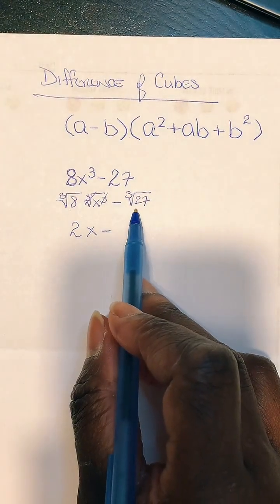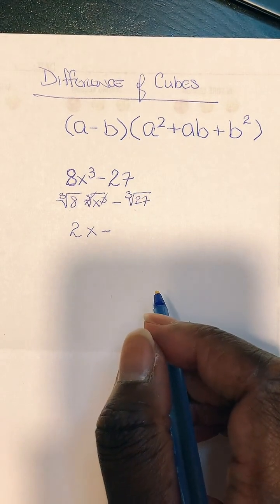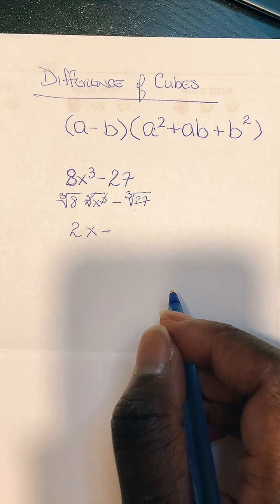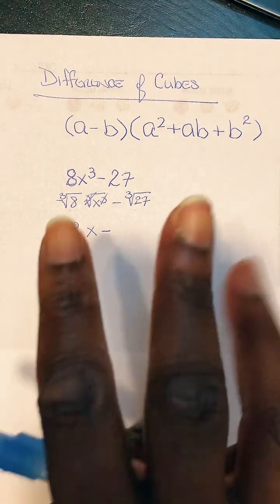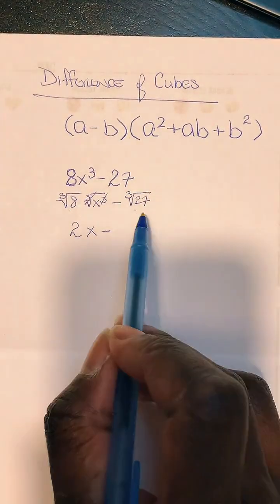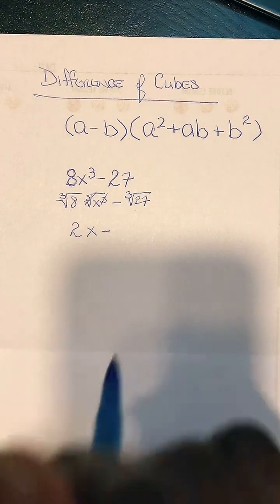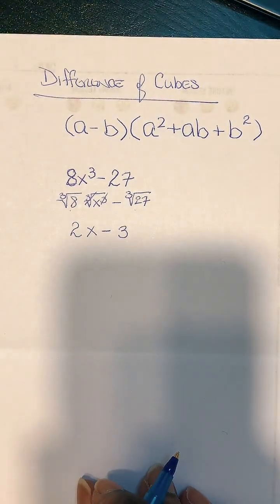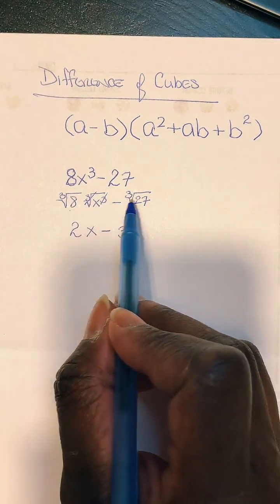Now, what's the cube root of 27? So what multiplied by itself 3 times will give me 27? Okay, 3, 3, 3. So we need to take the cube root of everything.